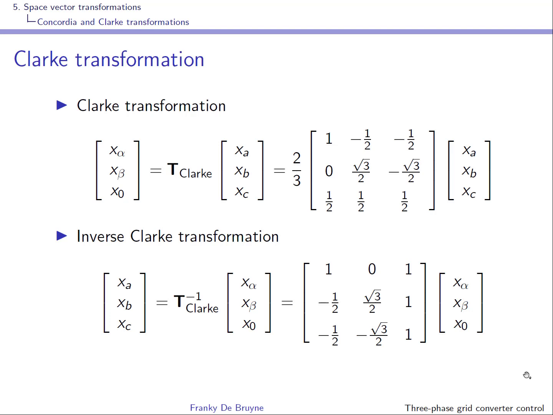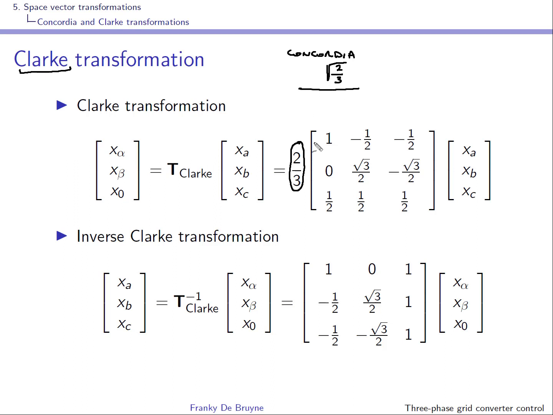In the literature, you will find a transformation that is closely related to the Concordia transformation, and it's called the Clarke transformation. Later on in the course, we'll show you why there are two transformations. So this Clarke transformation is very similar, as I said, and the only difference comes from this term over here. And in the Concordia transformation, this term is replaced by the square root of 2/3.